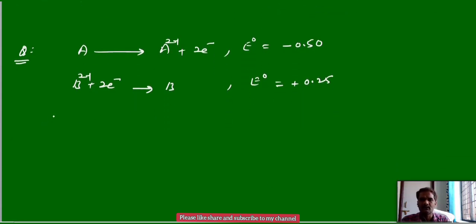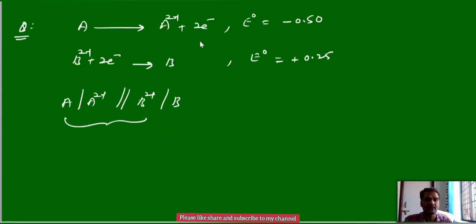Now find out the electrode potential of this given cell. For this cell, what is the electrode potential value? You have given like this: A is giving A2 plus and 2 electrons, which is an oxidation reaction, and B2 plus taking 2 electrons is a reduction reaction. This is a cell representation. So you have to calculate E cell and check the spontaneity of this cell, whether the cell is spontaneous or not.